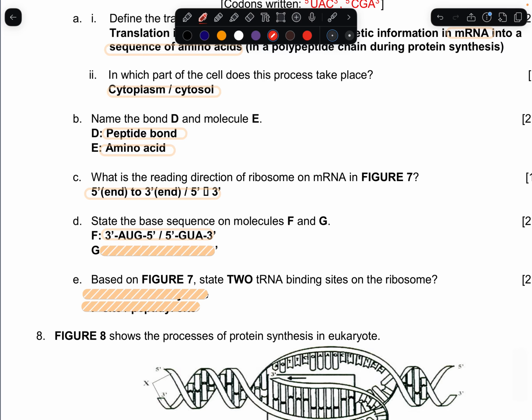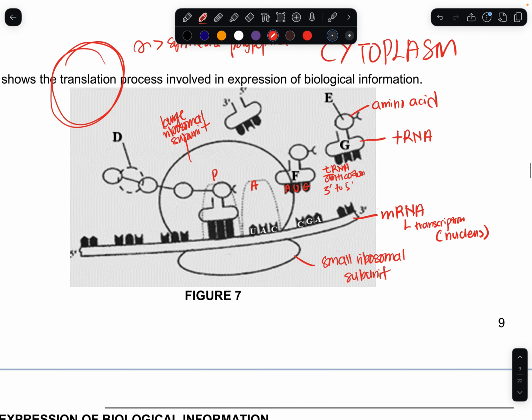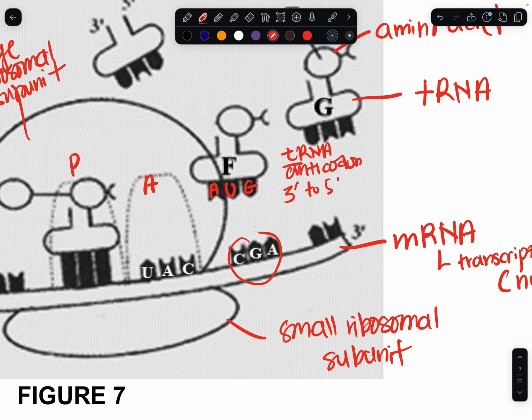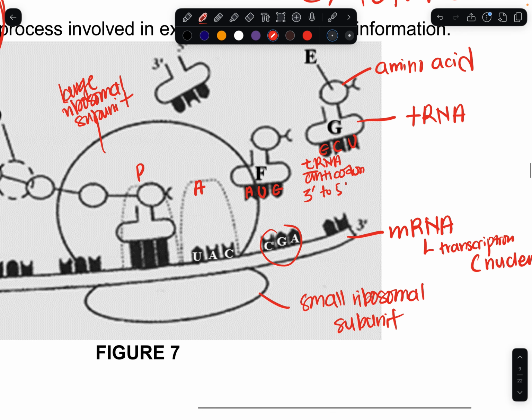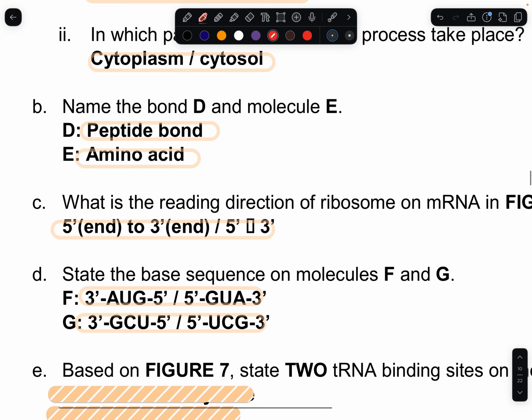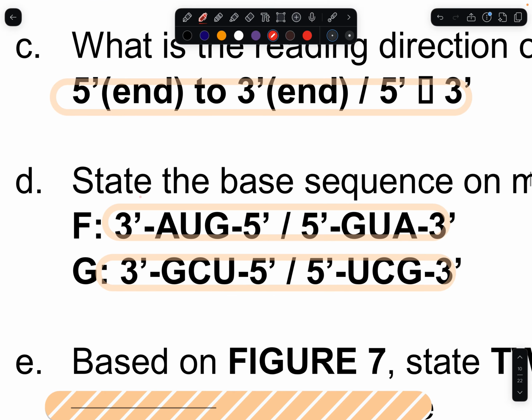Is that clear? So let's do G. So, G pula, dekat sini CGA. So, complementary-nya adalah G, C, A dengan U. Jangan lupa, because it's anticodon, so it's 3' dash GCU dash 5'. So, Miss akan tekankan guna yang inilah sebab anticodon.